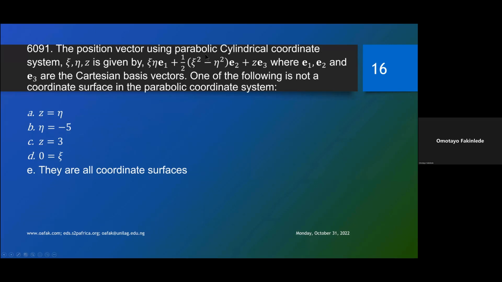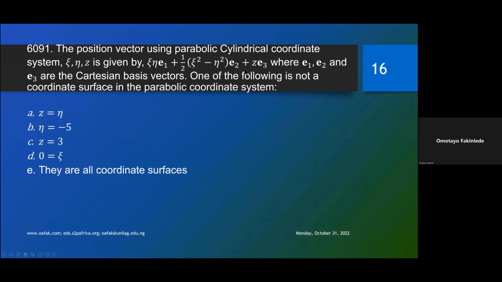Because this is the position vector, you can get from it the transformation equations. That shows that x is equal to xi eta, y is equal to half into xi squared minus eta squared, and z is equal to z, because it's a cylindrical coordinate, but not just the ordinary cylindrical polar, it is the parabolic cylindrical coordinates.